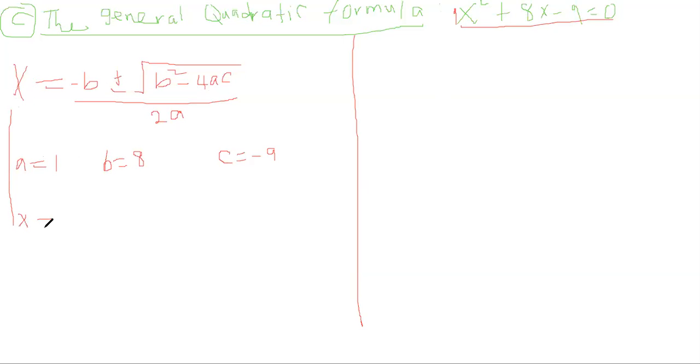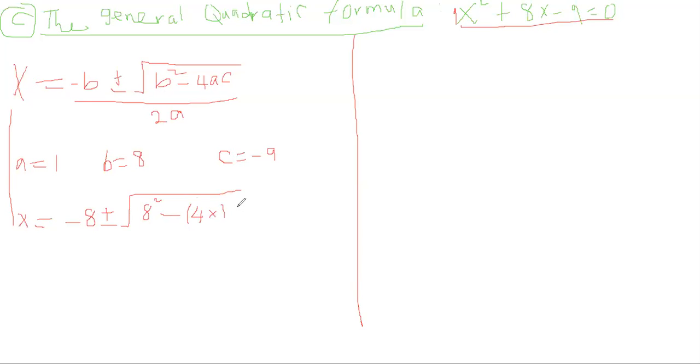So let's go on and use this formula. x equals minus 8 plus or minus the square root of b raised to the power of 2, and we know that b is 8, minus 4 times a. What is a?